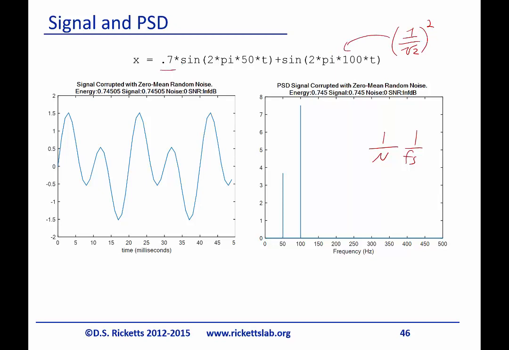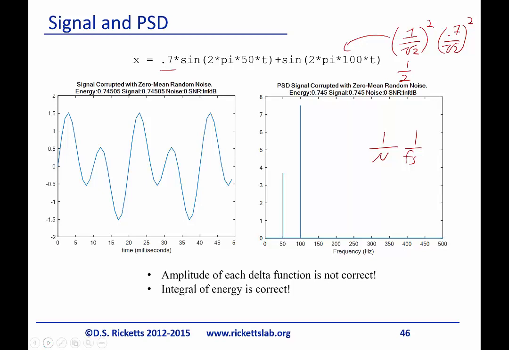And for this one here, we should get 0.7 over the square root of 2, squared. And so this is roughly 1/2. We'll see the calculation of this on the second one. Okay, so the amplitude is not correct for the sinusoids, but the integral of the energies is correct.